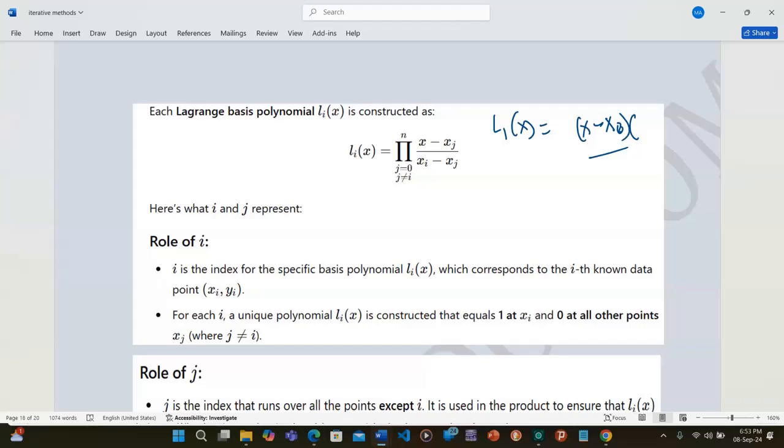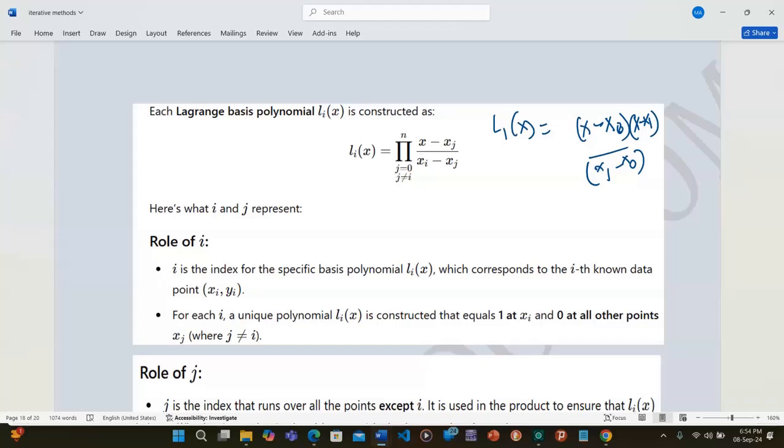So for the first node this can be x minus x1, then you proceed and put the other multiple, x minus x2, divided by x0 minus x1 and x0 minus x2. The i and j must never be the same.